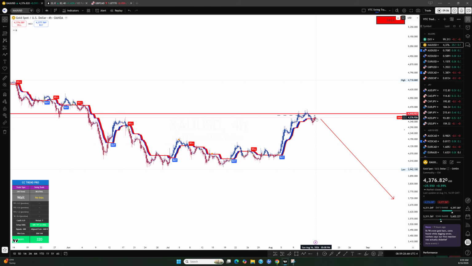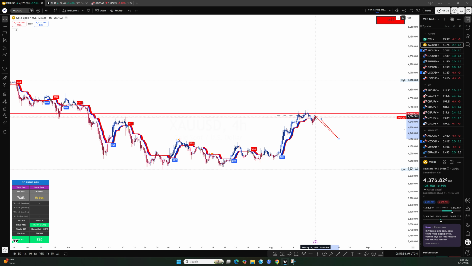So we're getting ready to get a pullback here on gold. Now, I don't know how deep it's going to pull back, or if price is going to break these previous lows, but there will be a nice enough pullback for you to grab a couple pips. So what I would do is just take the breakouts in the direction of the 4-hour time frame on the 15-minute time frame.